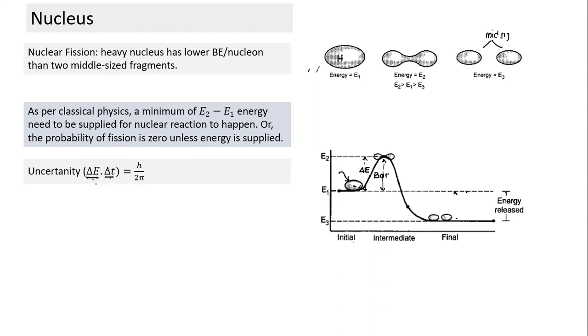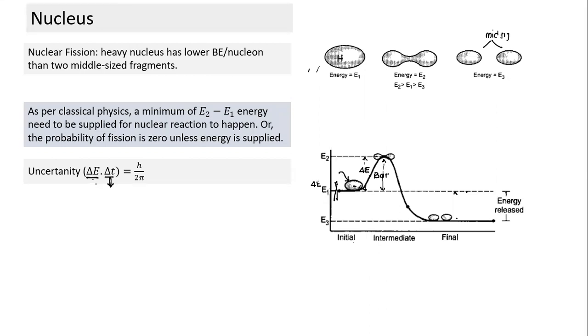And delta E, what happens when the time interval is extremely small? First of all, this quantity itself is very small, that's why delta E also is small. But delta E becomes significant if the time interval is extremely small. It's a product of two quantities. So when the time interval is very small, whatever E1 we are taking, E1 can actually be anything between E1 plus or minus delta E. And this plus or minus delta E, the variation in energy level, depends on for what duration we are talking about.